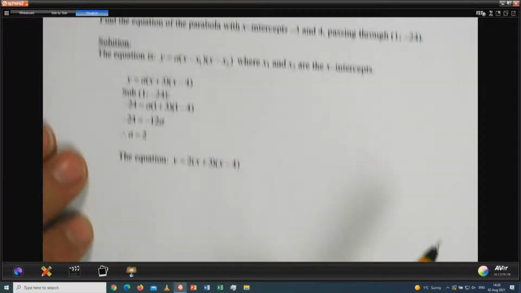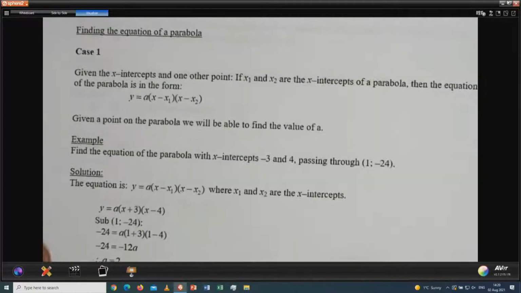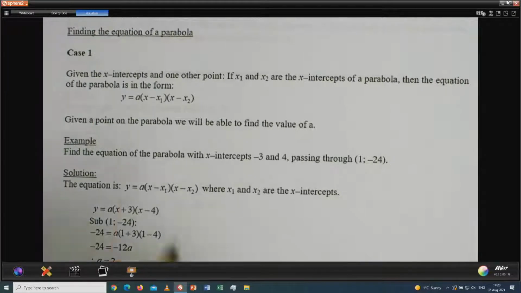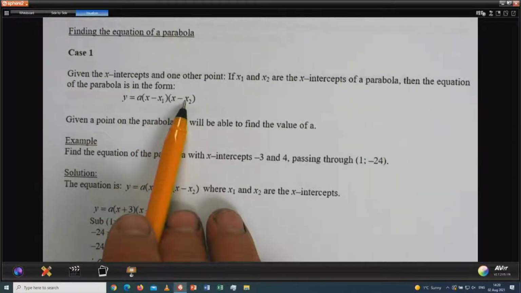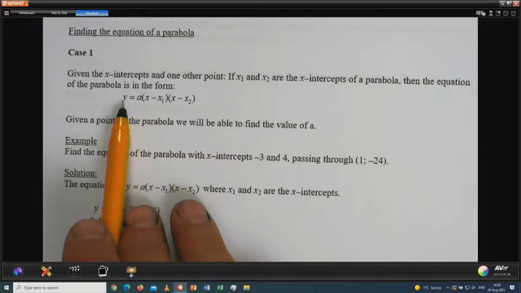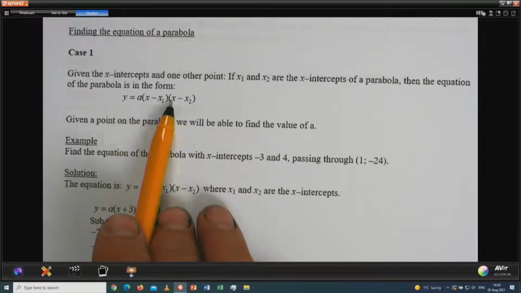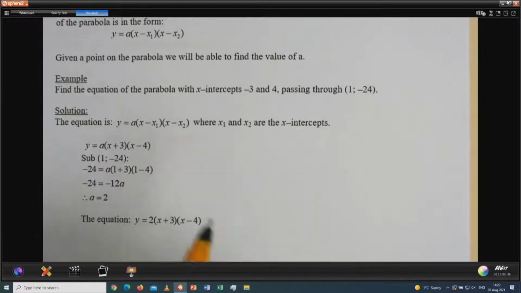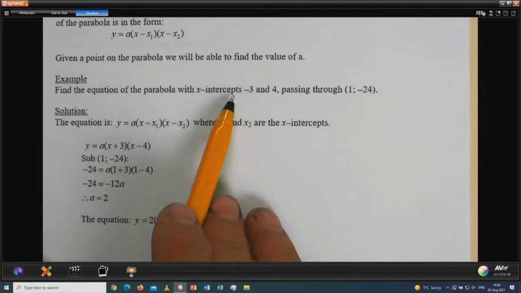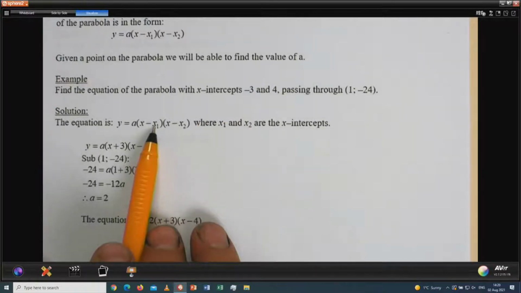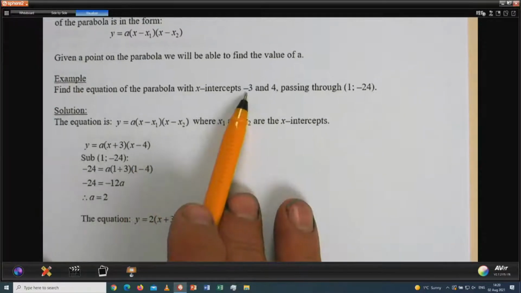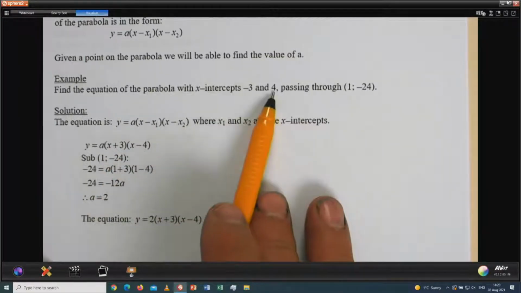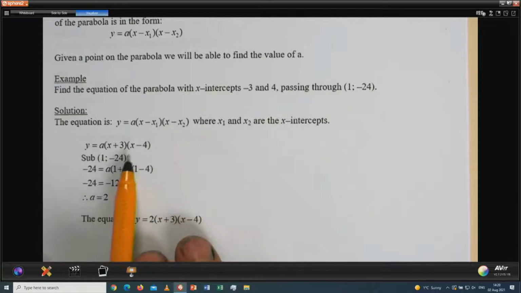Right. Now, another important concept to master is to find the equation of a parabola. If we are given two x-intercepts and a point, we're going to make use of the formula y is equal to a times x minus x1 times x minus x2. Now, for an example, x1 is negative 3, so it's x plus 3, and x2 is your other x-intercept, which is 4, so it's x minus 4.